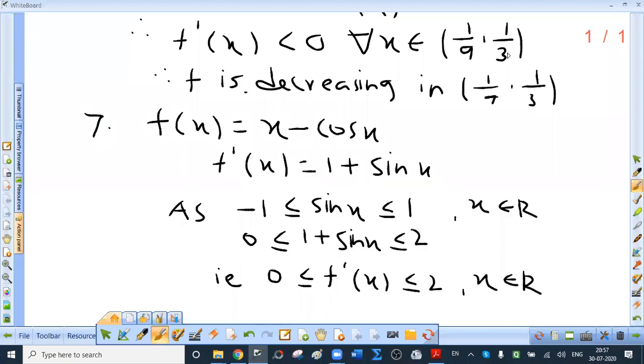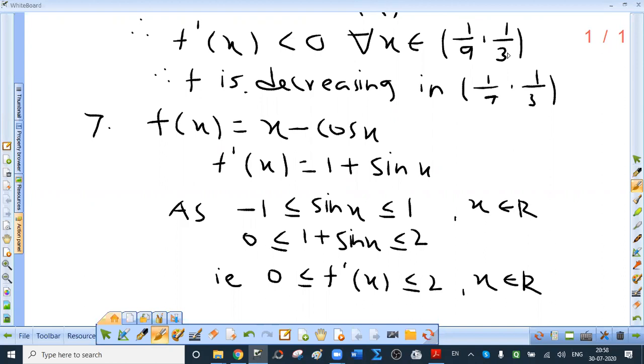Now, next sum number 7. Show that f of x equal to x minus cos x is increasing for all x. What is f of x? X minus cos x. So what is f dash of x? It is 1 plus sin x. Now, for all x belonging to R, sin x lies between minus 1 and 1. But we need 1 plus sin x.